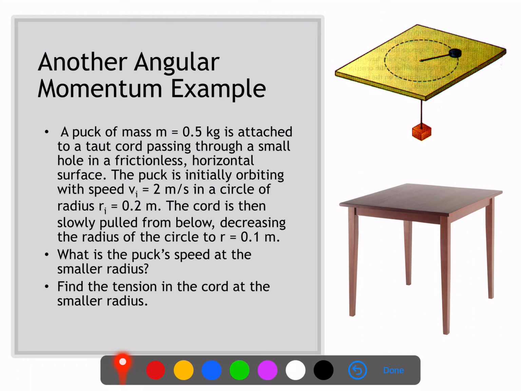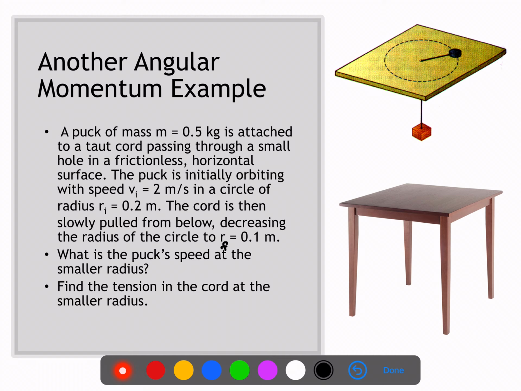So let's say that initially the puck is traveling with a tangential speed of 2 meters per second, but then the cord is being slowly pulled from below underneath the table until you have a radius, which probably should have a subscript f there, of 0.1 meters instead.